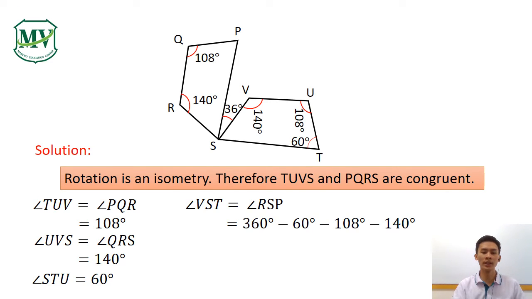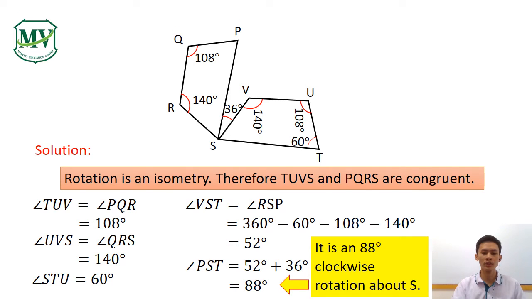So to find the angle VST, we will just subtract 60 degrees, 108 degrees, and 140 degrees from 360 degrees. So the answer will be 52 degrees. So angle PST, which is the rotation, is equal to 52 degrees plus 36 degrees, which is 88 degrees. So it is an 88 degrees clockwise rotation about S.